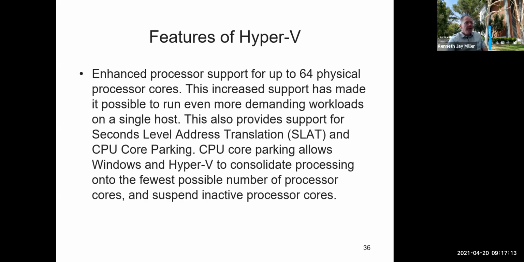All right. The enhanced processor support for up to 64 physical cores. So this increased support has made it possible to run even the more demanding workloads on a single host. This also provides support for second level address translation, or SLAT, and CPU core parking.